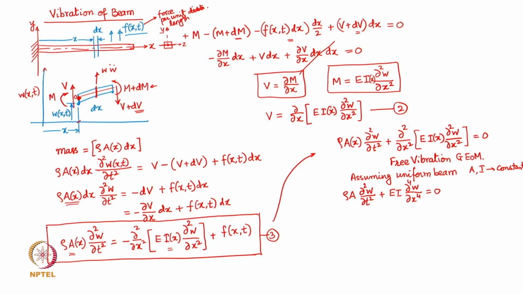And I can now formulate this equation into this form. I can write this as ∂²w/∂t² plus c square ∂⁴w/∂x⁴ equal to 0. Okay, where c is equal to square root of EI over rho A, right? So that is your constant c.